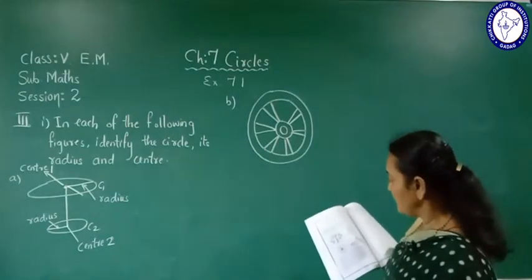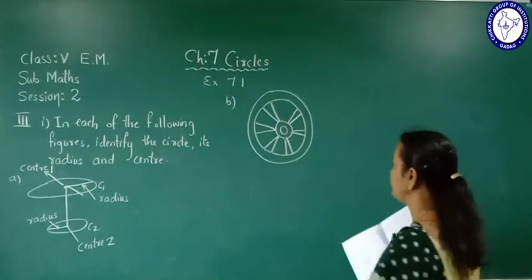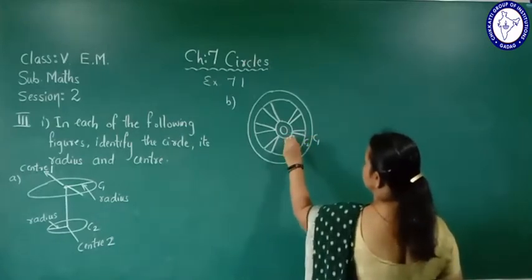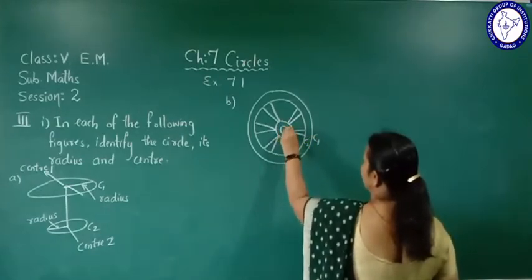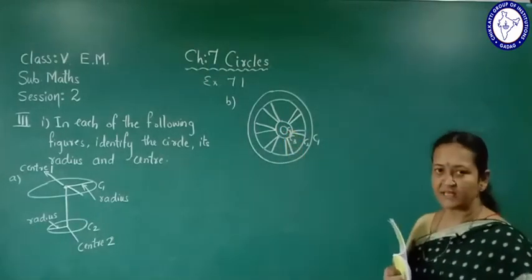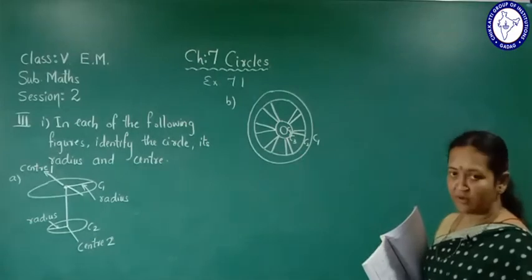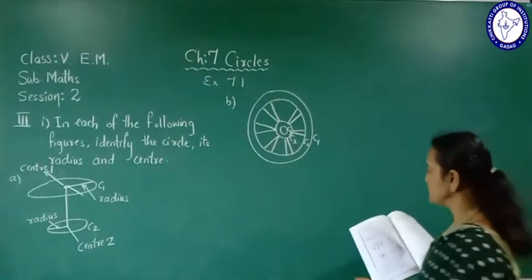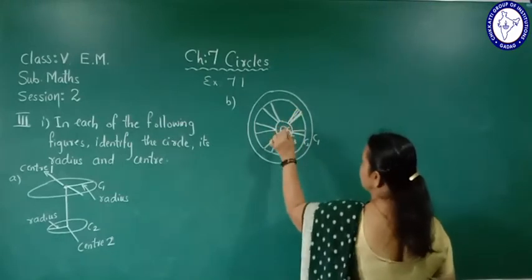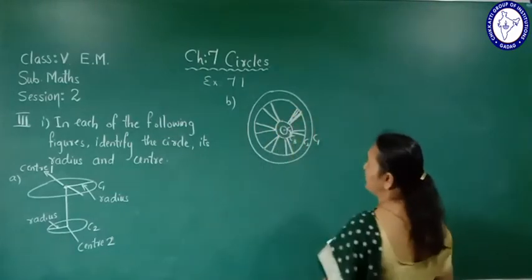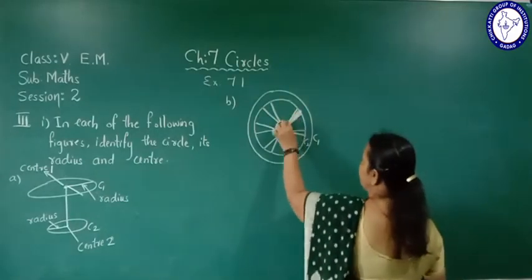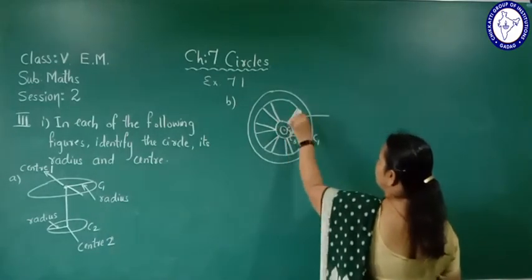Now here how many circles are we finding? So circle C1, C2, C3 and this is C4. 4 circles we find. And only one radius. This is the radius. Here is the center of the circle and we find the radius. So this line is called radius.